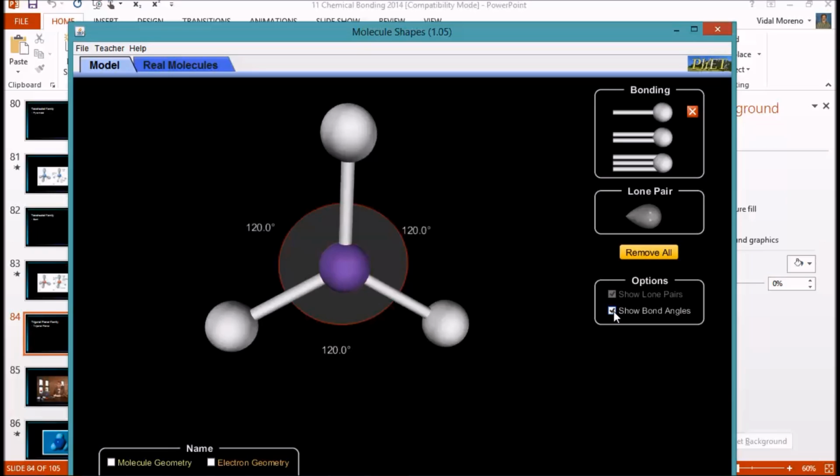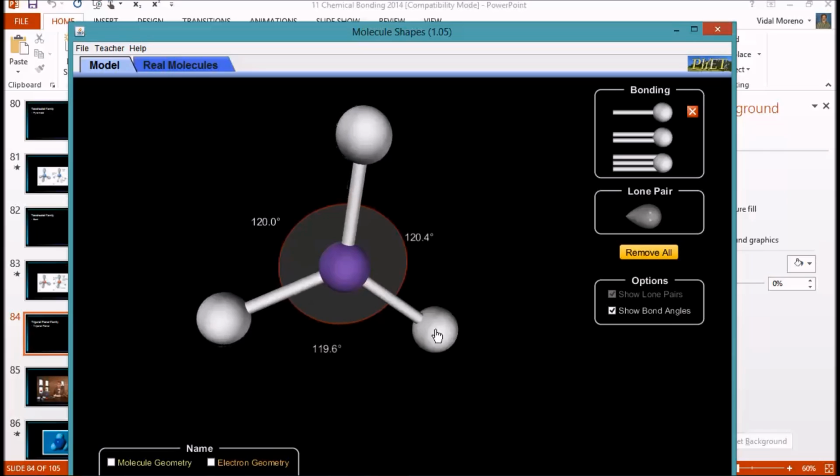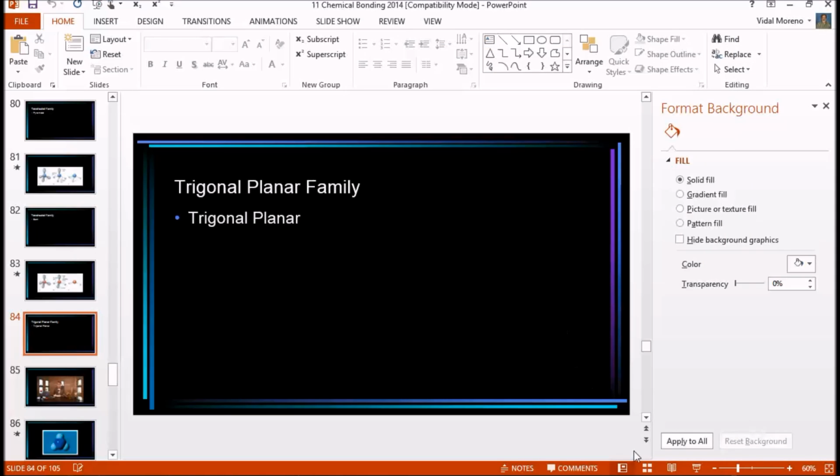Come on, this is something that you geometry students could have easily figured out. What is the hybridization? How many bonding sites? sp2.